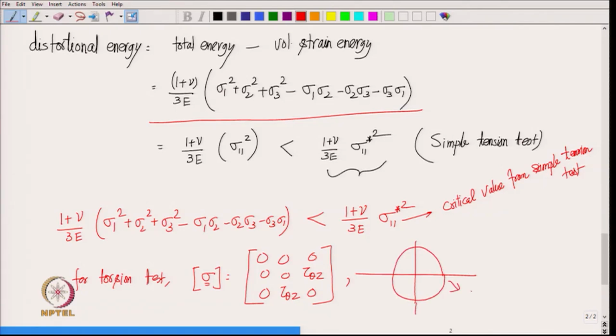So, that is your sigma 1 and this is your sigma 3 and sigma 2 is 0 in this case, right. And what is sigma 1 equal to? That is simply tau theta z star, right, because this is also the radius, and sigma 3 is equal to minus tau theta z star. Okay.